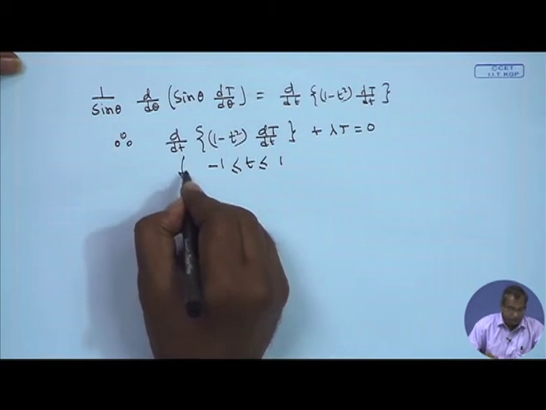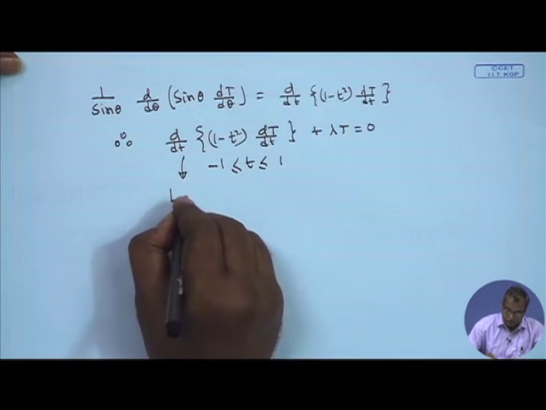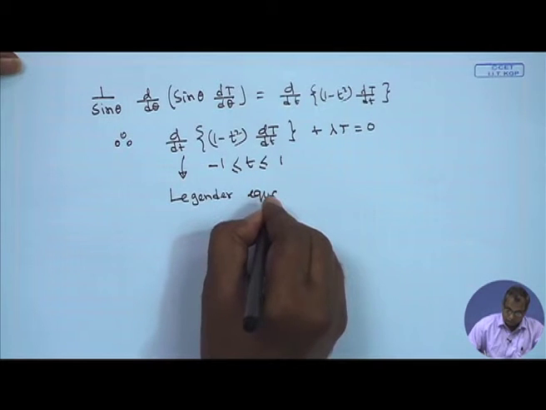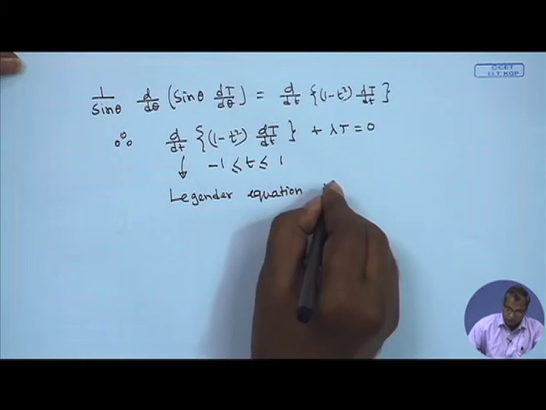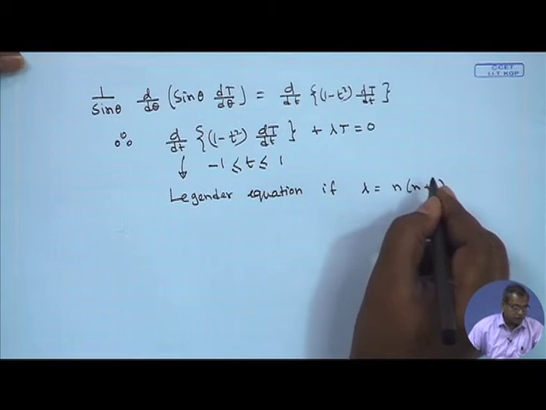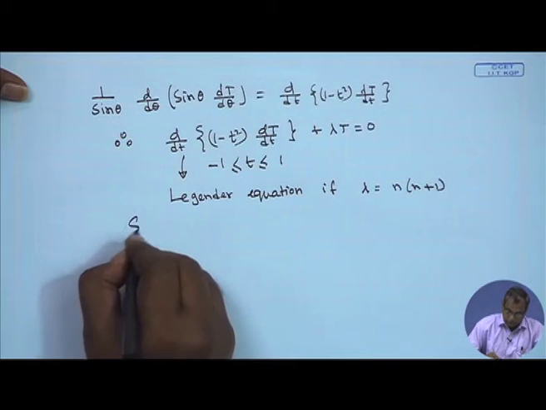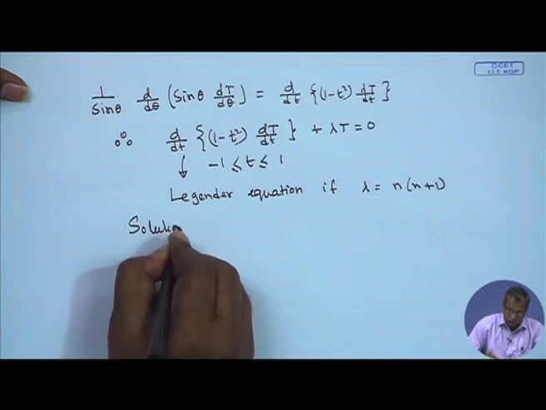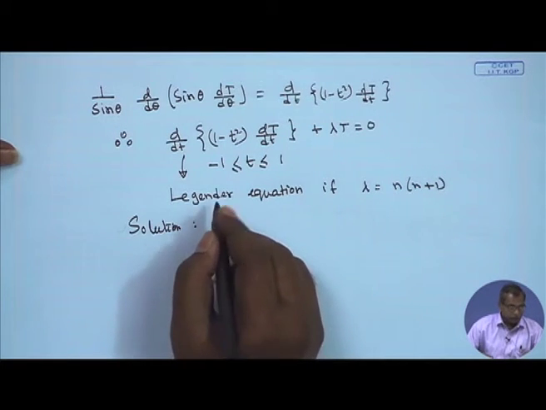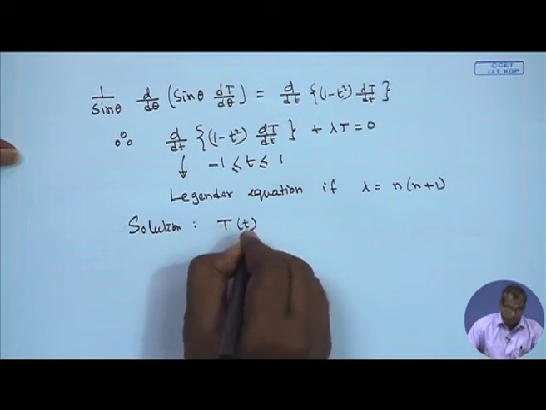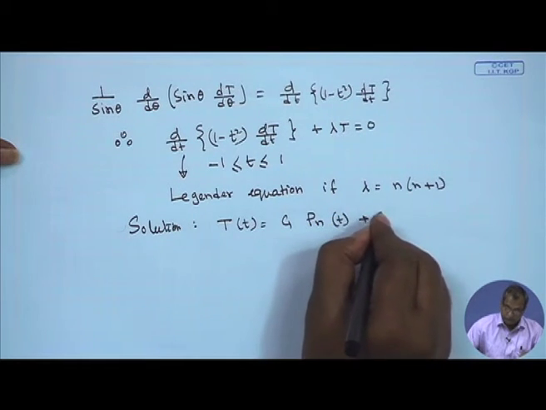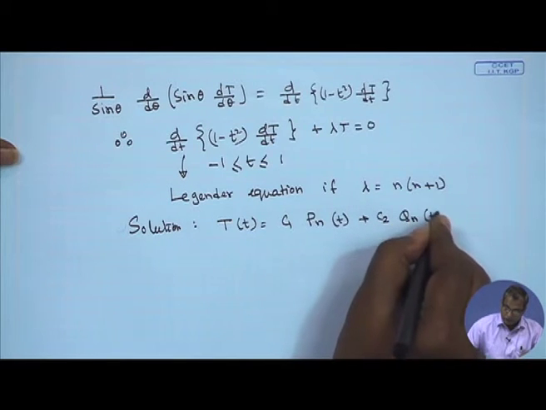Now, what is this? This equation is nothing but a Legendre equation if lambda is represented as n into n plus 1. So, the solution of this equation will be constituted of Legendre polynomial and Legendre function. So, T of t will be nothing but C1 Pn t plus C2 Qn t.